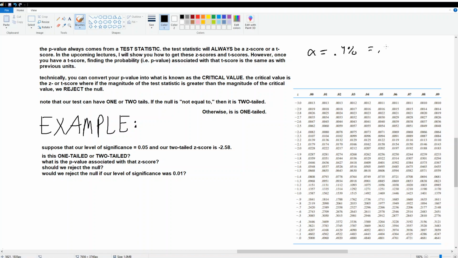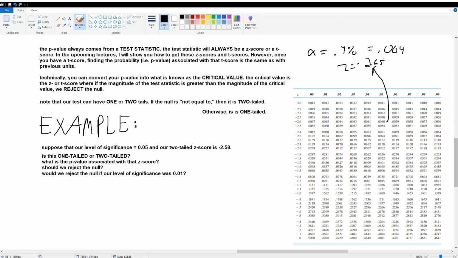In that case, that's 0.004. We find that in our table right here. So we have z is negative 2.65. So if our test statistic is lower than negative 2.675, then we're going to reject. If it isn't, then we fail to reject.